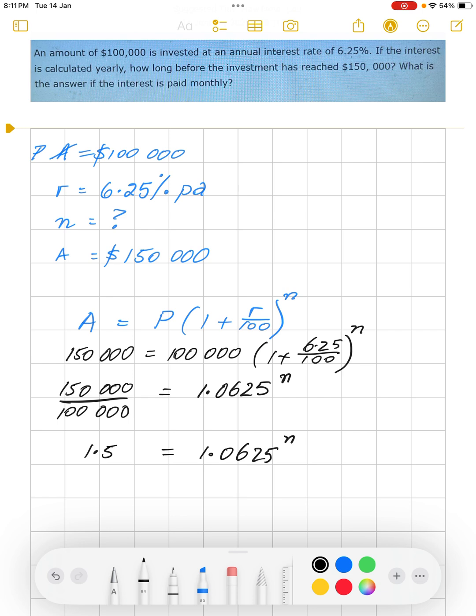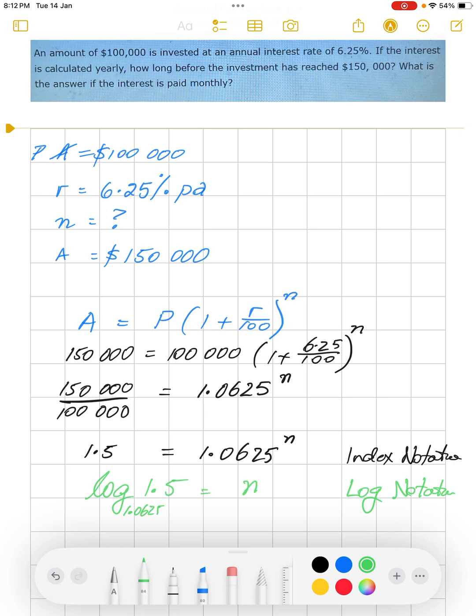Now what we could do here is take the log of both sides. Or just turn it into log notation, because this is index notation, by moving a few things around and saying that the log of the number 1.5 to base 1.0625 equals n.